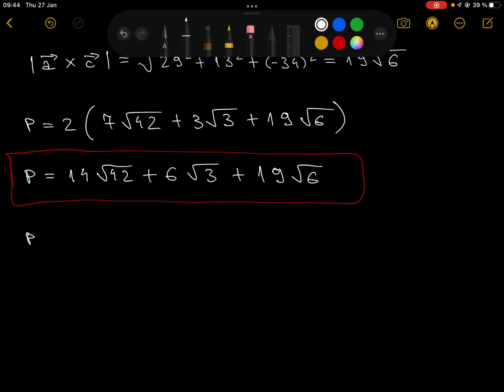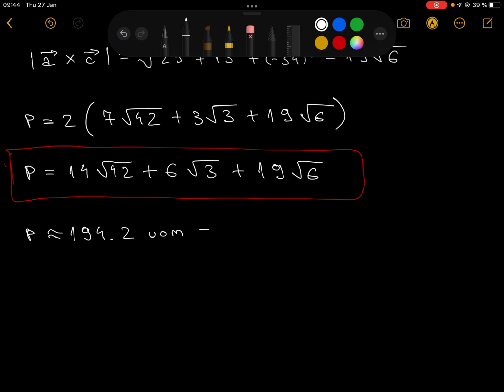But you can also put in that that's approximately equal to 194.2 units of measure, UOM. Okay, so that's just a side note.